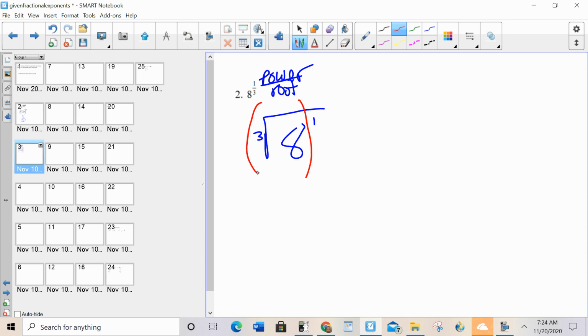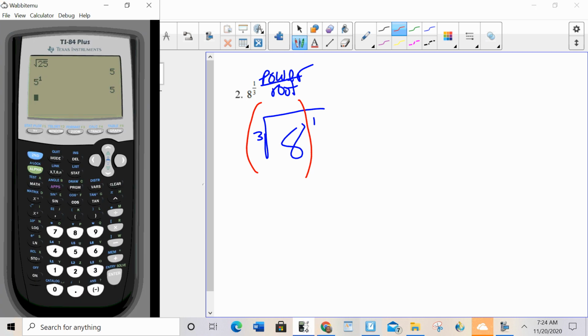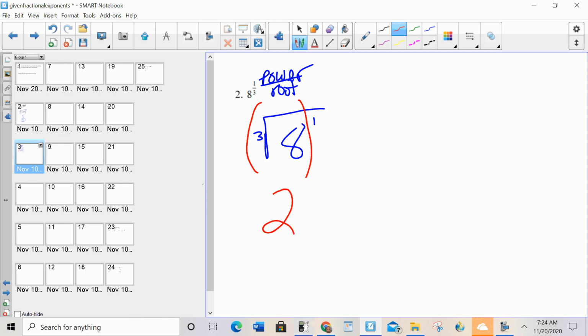Ideally, you know what number times itself 3 times gives you 8. If you don't, to type cubed root in, I hit math, option 4. That is cubed root 8. The cubed root of 8 is 2. Then I'm taking 2 and I'm raising it to the first power, which is 2.